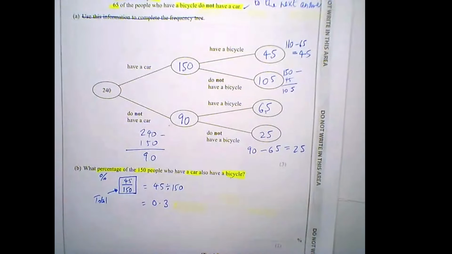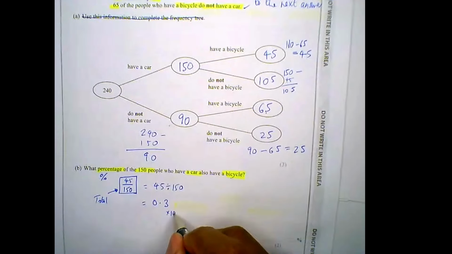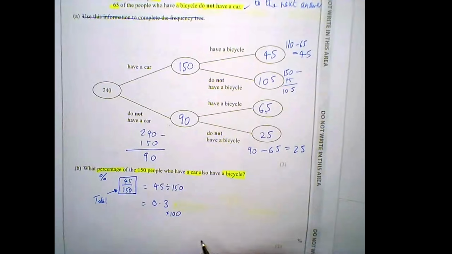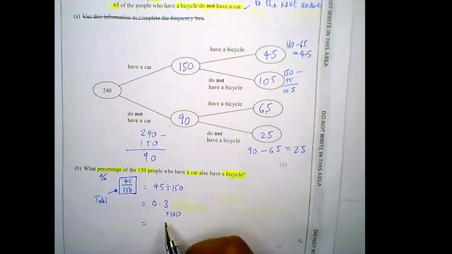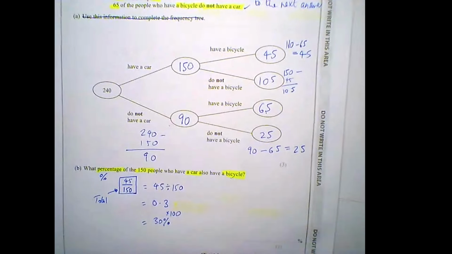And now how do I change this to a percentage? I multiply it by 100. So 0.3 times 100 gives me 30%. And that's my final answer, 30%.